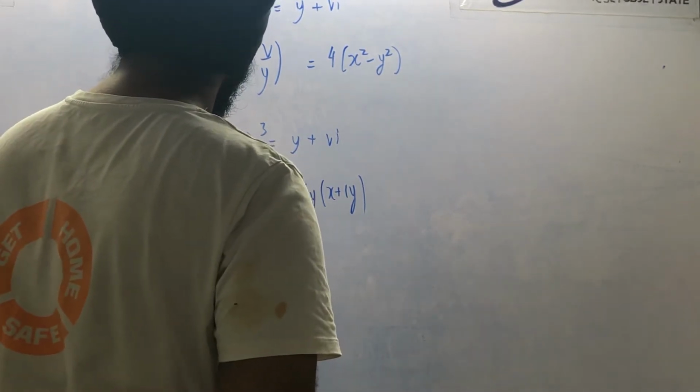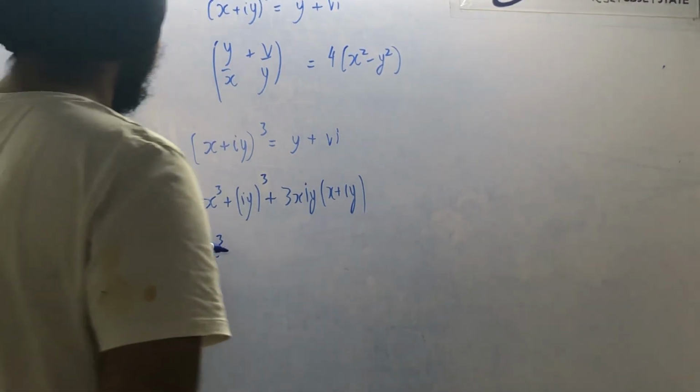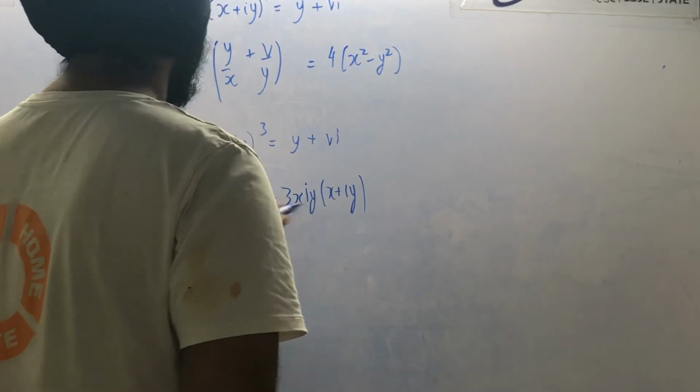x cube. Okay, i cube is minus iota, so this will be minus iota y cube. Okay, now just multiply this inside.